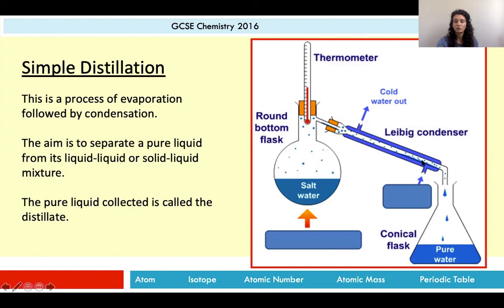It's designed to cool that water vapor back down so that it turns into pure liquid water. You've got a round bottom flask here, which your solution is in. Heat here, or you could put a Bunsen burner. And this is where your cold water goes into your water jacket or your Liebig condenser.